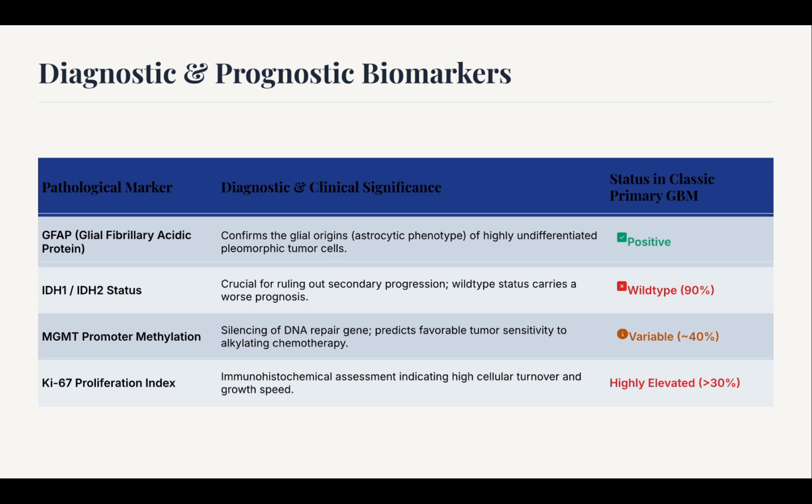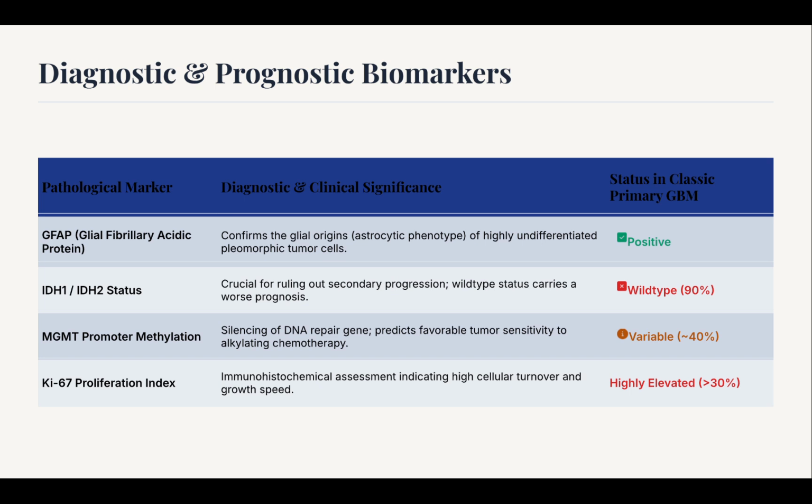There are four pathological markers for glioblastoma: glial fibrillary acidic protein, IDH1 and IDH2 status, MGMT promoter methylation, and Ki67 proliferation index. Glial fibrillary acidic protein confirms the glial origin of highly undifferentiated pleomorphic tumor cells, and its status in classic primary glioblastoma is positive.